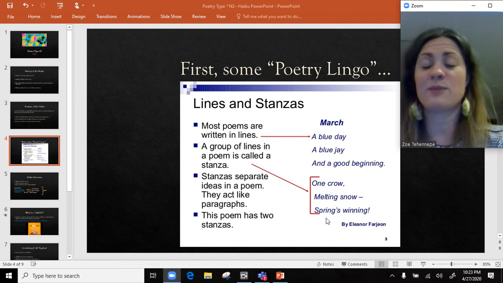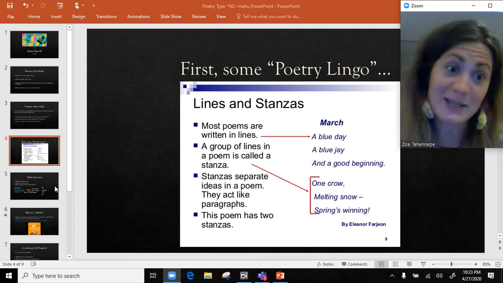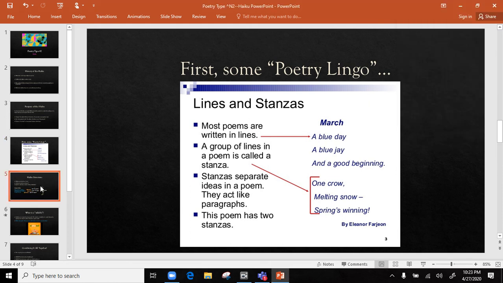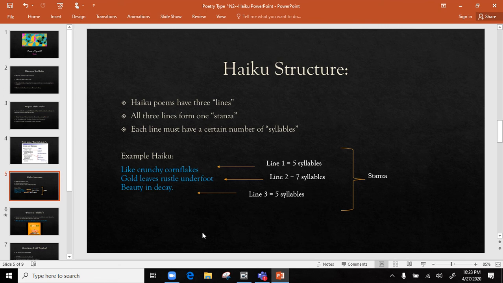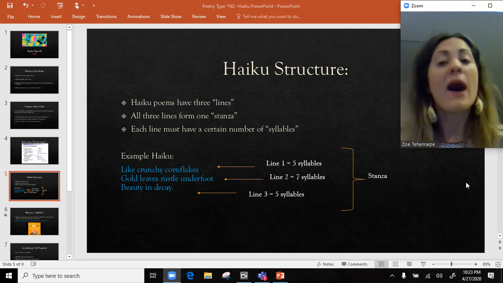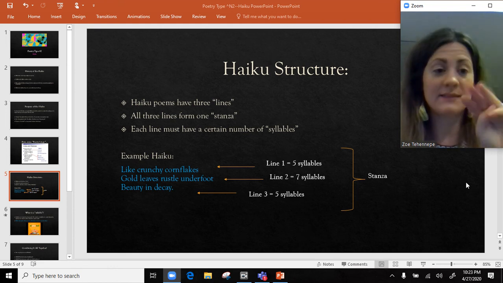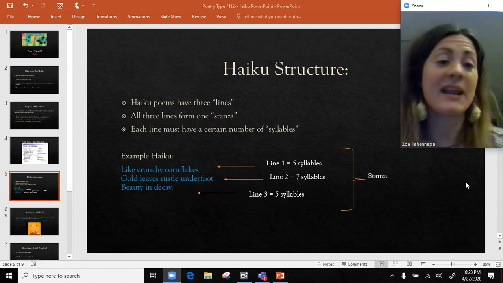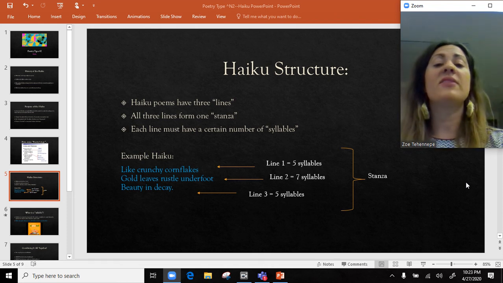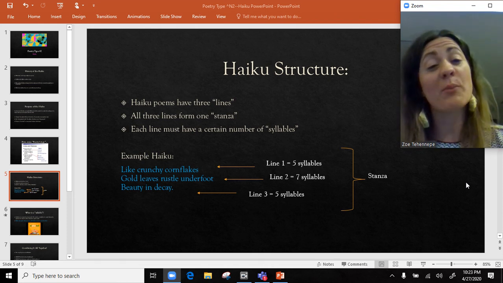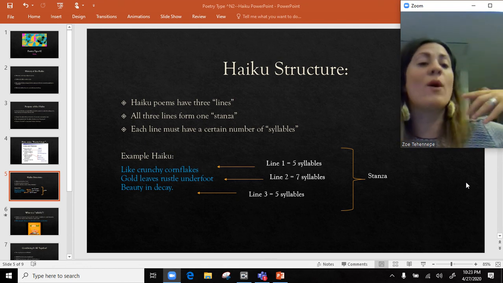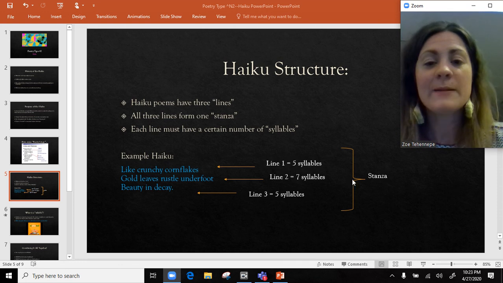In case you've never heard these terms before, they're important to know, especially as we break into the haiku, because haiku structure is quite specific. So haiku poems have 3 lines, maximum, never any more. You have 3 lines. Each of the lines has a certain number of syllables. And all 3 of those lines form one stanza, okay?